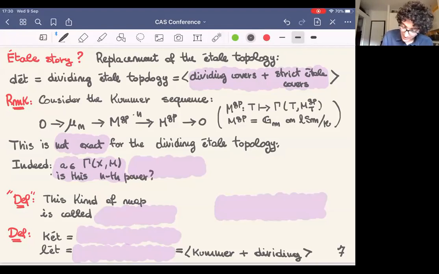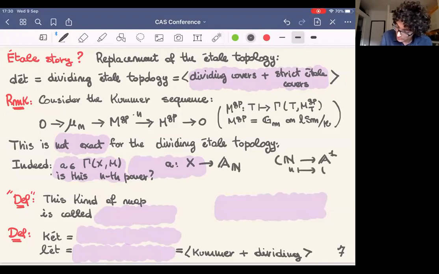So my a can be interpreted as a map from X to A^N, with N as the monoid here. This, for example, is an avatar for G_m, something like N to A^1, sending n to t^n. That's a log scheme.